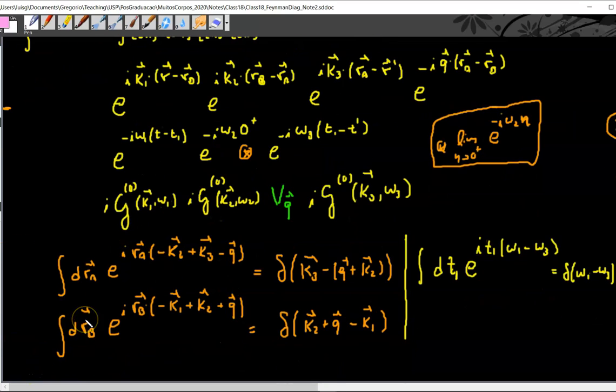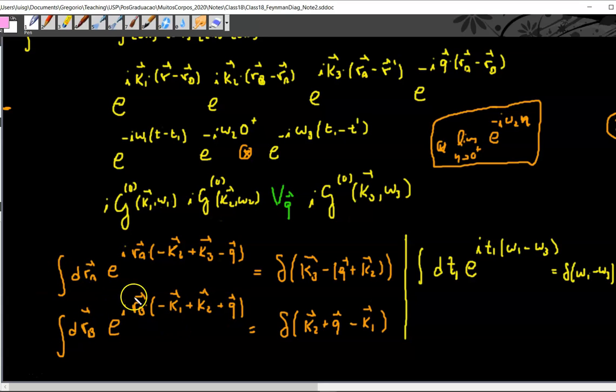So the first thing we notice is that there will be an integral in Ra, and if I collect the exponentials, it will be e to the i Ra times minus k2, plus k3, and minus q. And if I do the integral in Rb, there will be a minus k1, a plus k2, and a plus q.